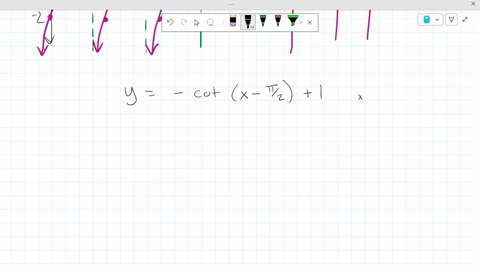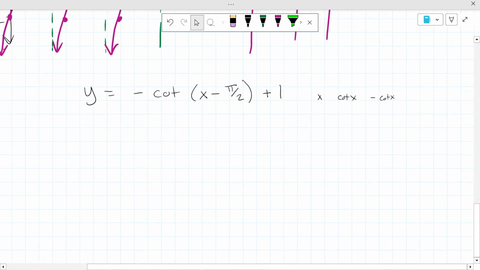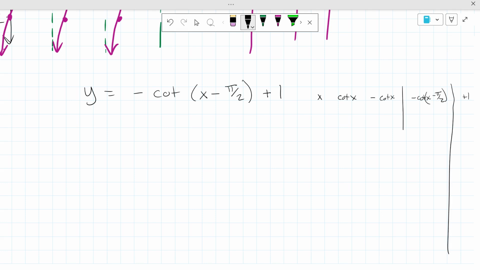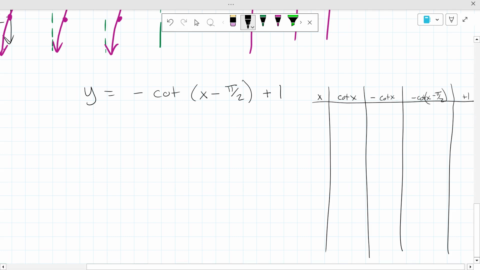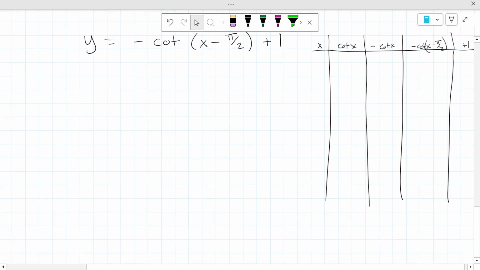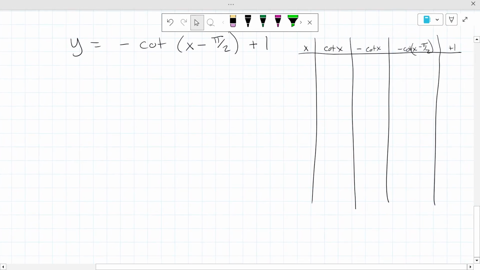So you're going to start with your x, your cotangent of x. Then you're going to do a negative cotangent of x. Then you're going to do a negative cotangent of x minus pi over 2. And finally, you're going to do the plus 1 in the end. So your x and cotangent of x, you just get from what we started with.